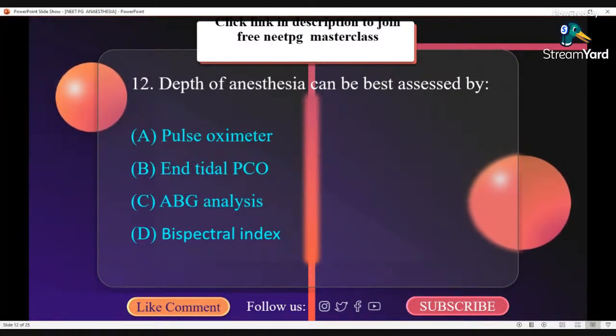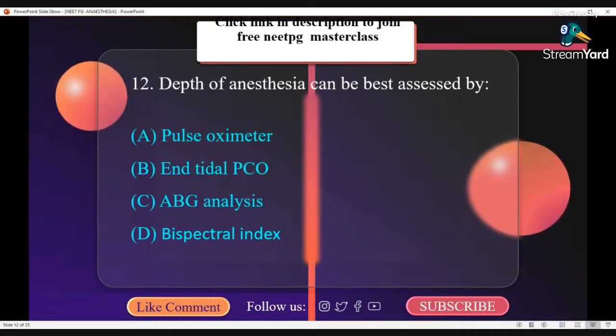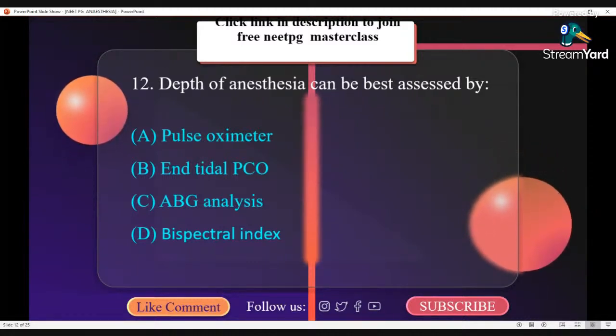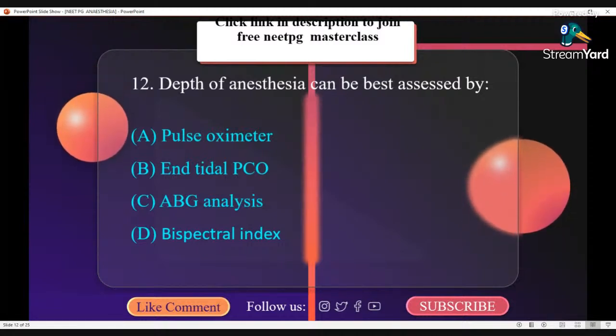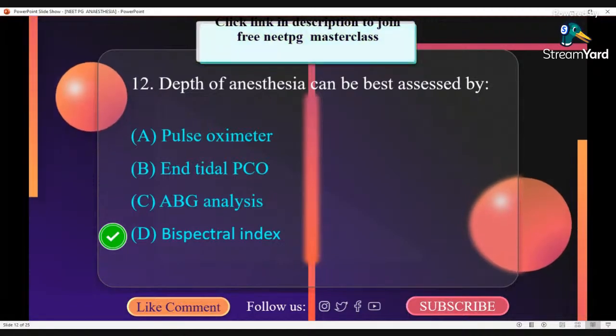You can use the EEG, electroencephalography, bispectral index, BIS, entropy, evoked response, that is brainstem evoked potential, patient safety index. So the correct option here is bispectral index.